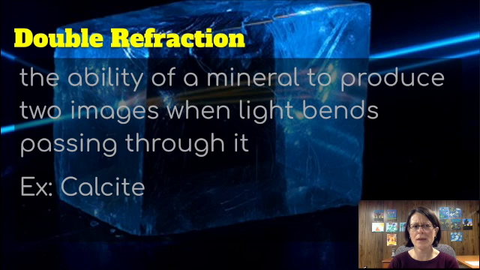We're going to ignore that. The main beam of light is going through here, and when it comes out the other side, it's split in two. That is double refraction. It got bent twice, because refraction is the bending of light due to changes in speed when it goes through a substance. So calcite exhibits this.